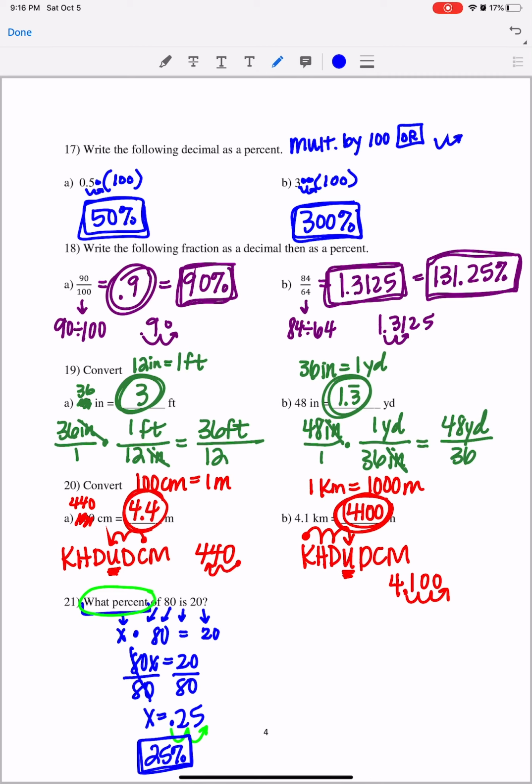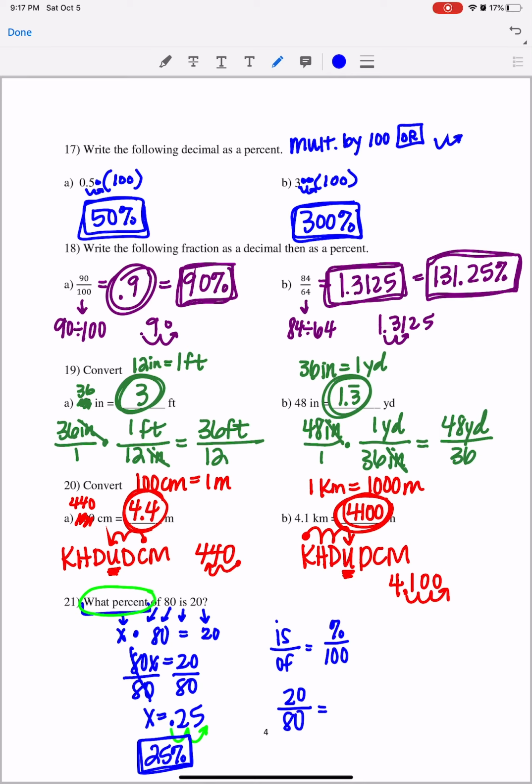Now if we write this as a proportion, we'll use our is over of equals our percent over 100. So my is 20. My of is 80.